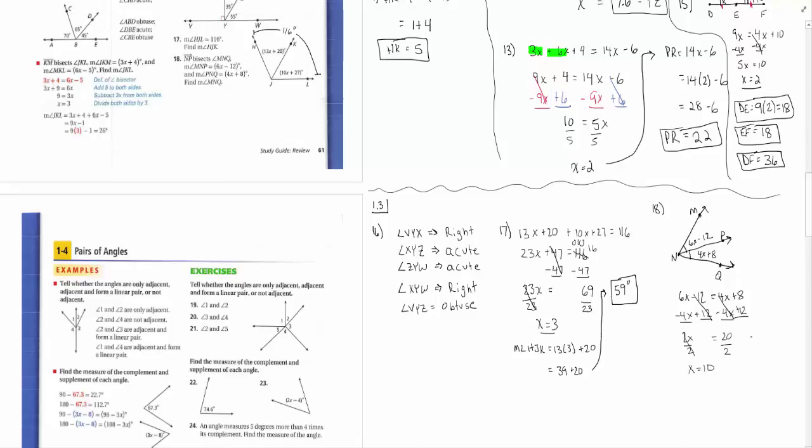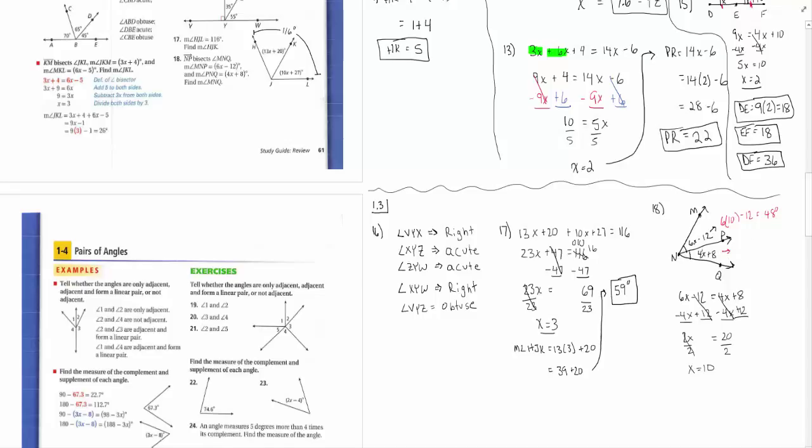Okay, so now I know that x is 10. Now what do they want? In this case, they want the measure of angle MNQ. So that's the entire thing. So what I'm going to do is I'm just going to find these smaller angles and double my answer. So if I do that, I'm going to have 6 times 10 minus 12. So 60 minus 12 is 48 degrees. Therefore, this should be the same.